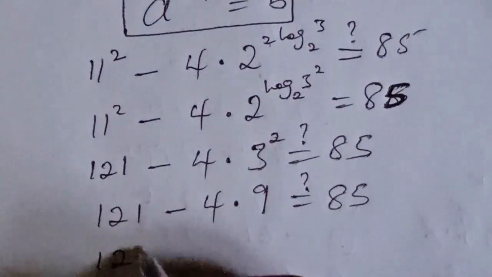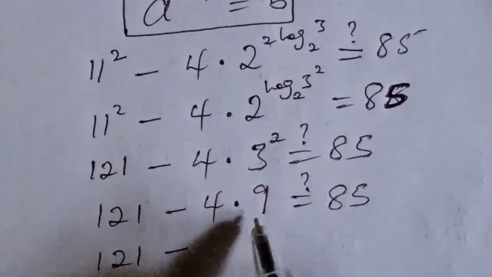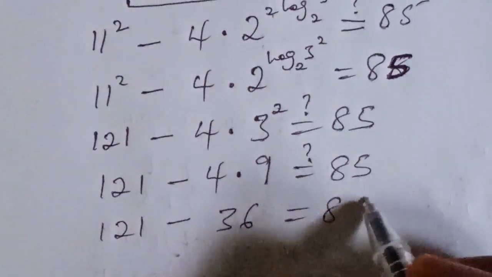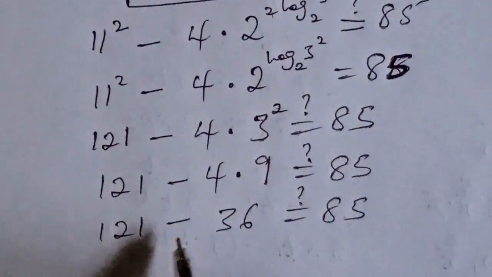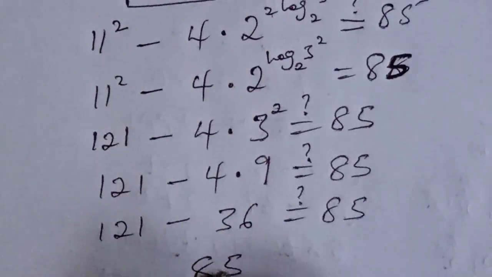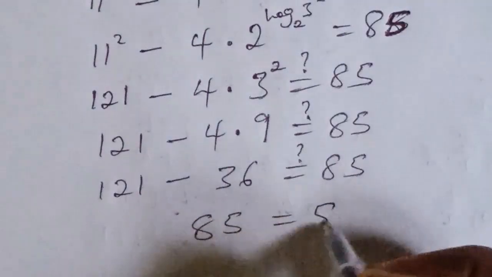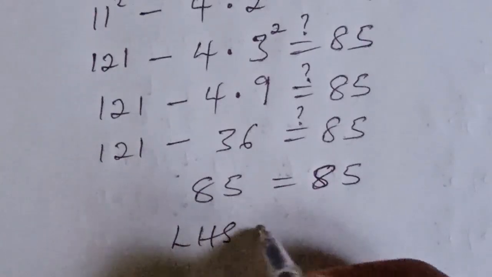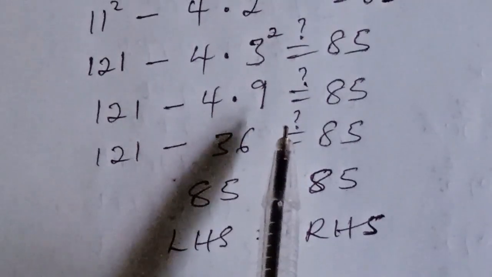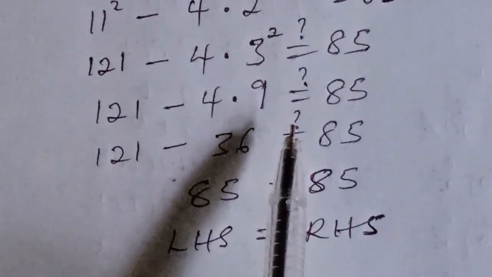So we have 121 minus 4 multiplied by 9. We have 36 equal to 85, question mark. So 121 minus 36 will be given as 85, which is equal to 85. So this means that LHS equals RHS, which proves our value of x is correct when a equals 11 and our value of x is correct when b equals 6.